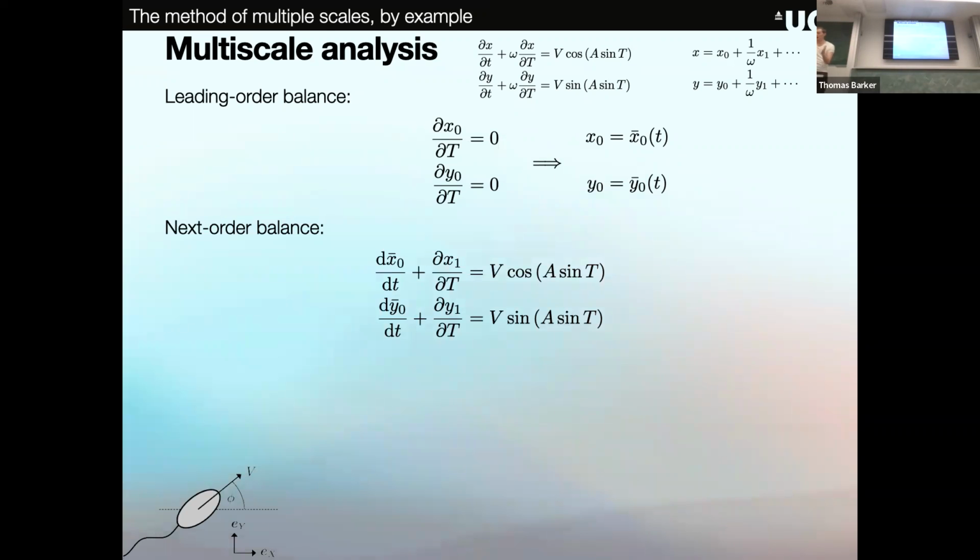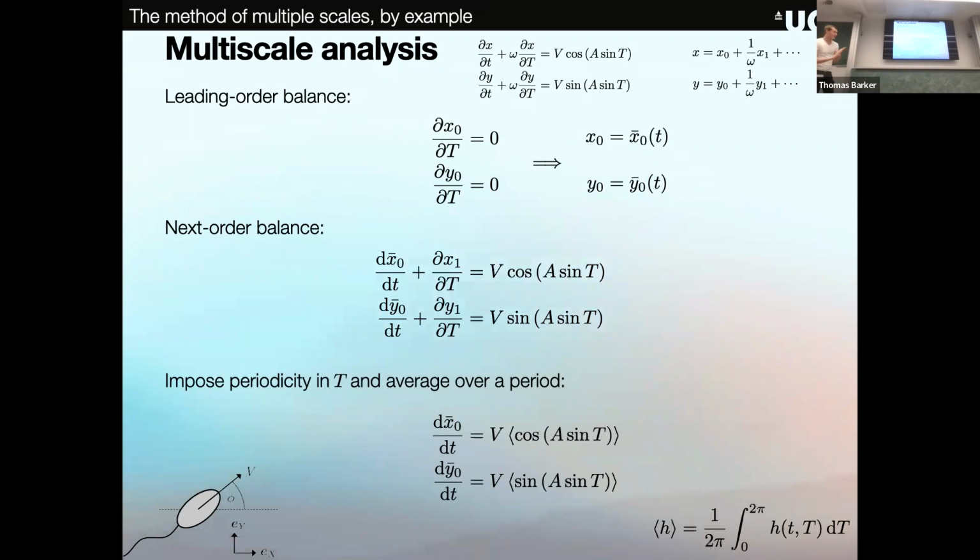So this is the next bit about multiple scales, which I really, really like, is there are two ways of thinking about this. To make some progress, you can close your PDE system by insisting that your solution is periodic in capital T. So if your solution is periodic in capital T, that means if I was to average this equation over a period, then these two time derivatives vanish, because I'm evaluating it at the same thing at the ends of the period.